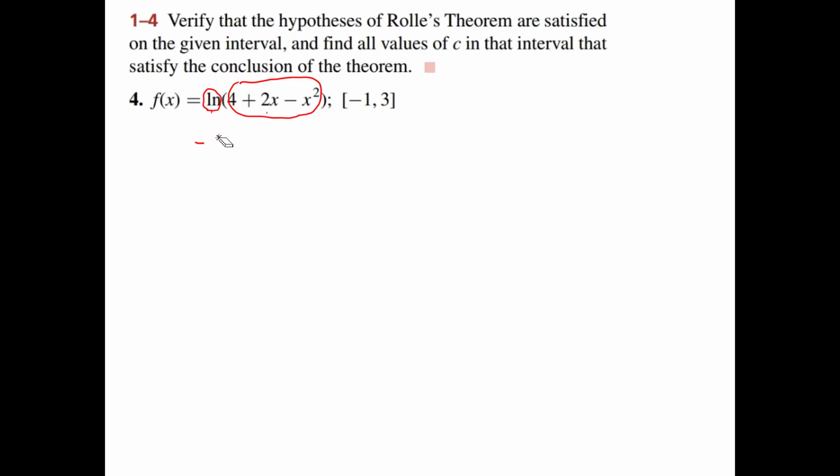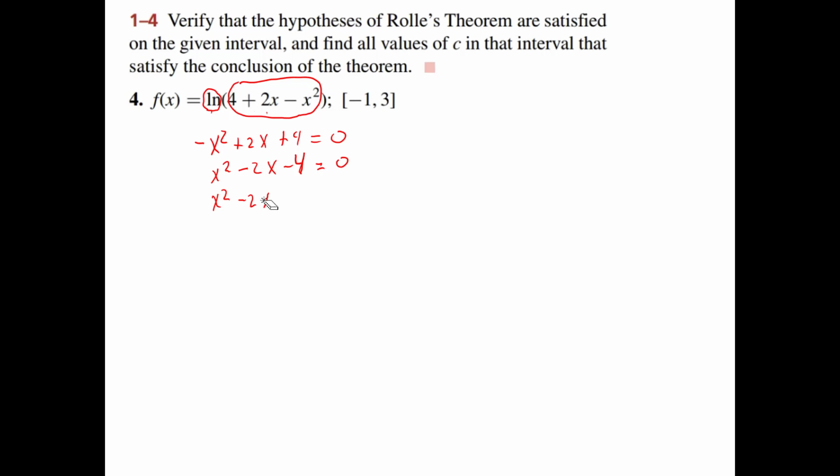We have negative x squared plus 2x plus 4 equals 0. And so then we get rid of the negative, multiplying both sides by negative. So x squared minus 2x minus 4 equals 0.